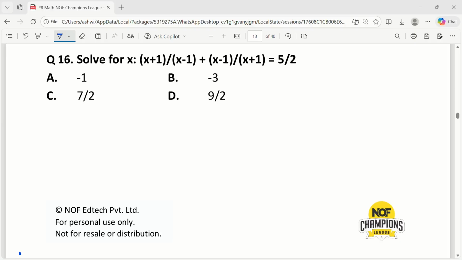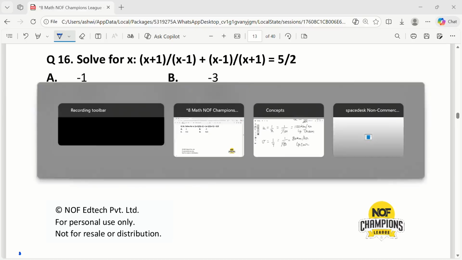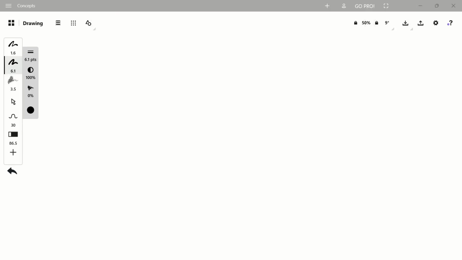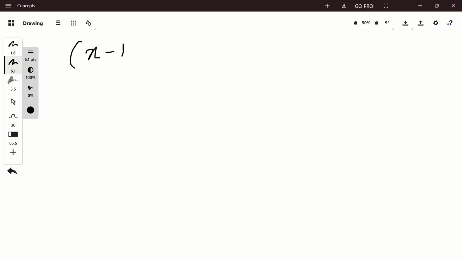Question 16. Solve for x. X plus 1 by x minus 1 plus x minus 1 upon x plus 1 is equal to 5 by 2. Combine the fractions, find the common denominator, which is x minus 1 into x plus 1.